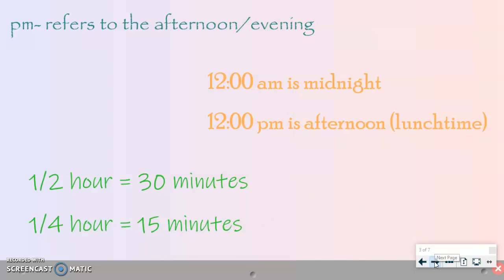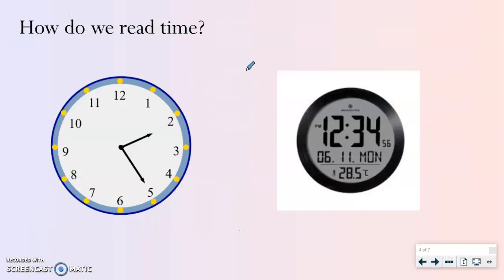Okay? And so how do we read time? Well, there's a couple different ways. We have analog clocks over here, which are also based off of the ancient sundials that Greeks and Romans used. And so what happens is the hands are moving around the clock. The small hand is the hour.